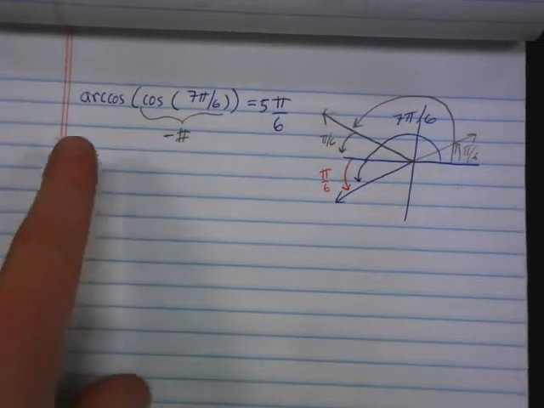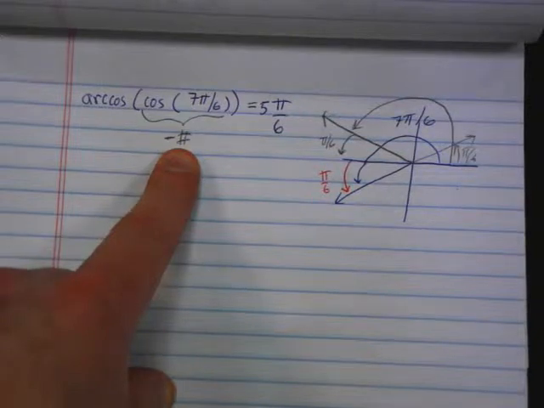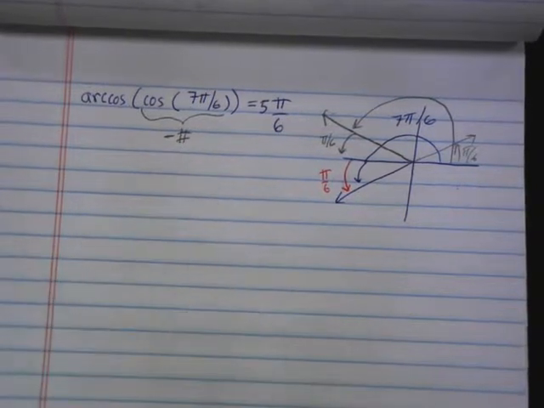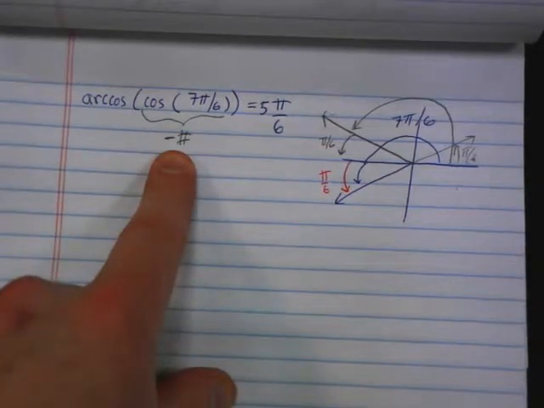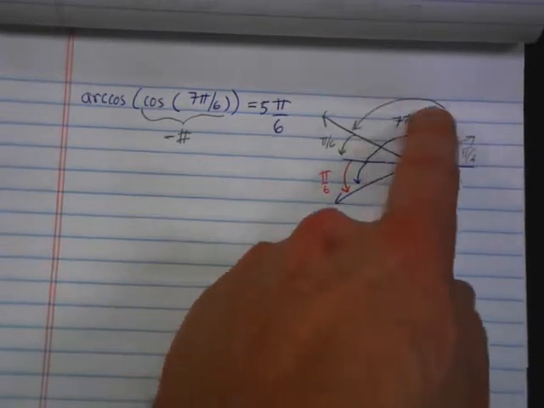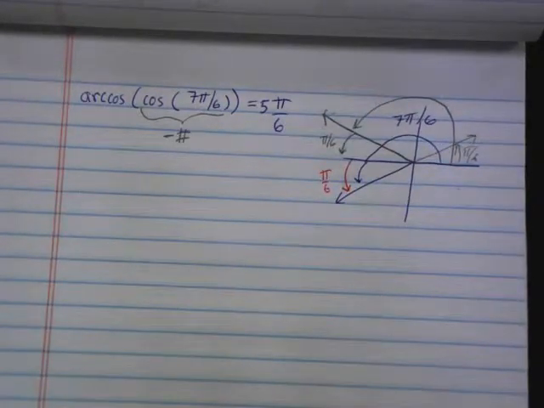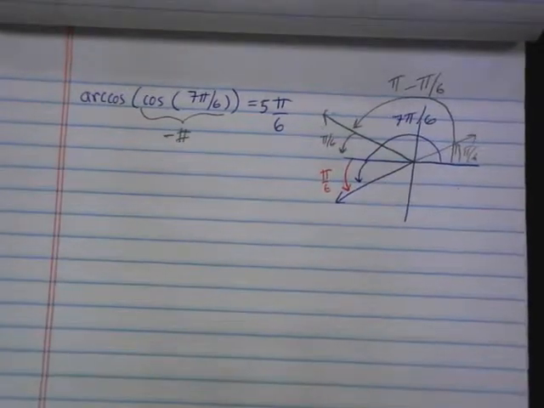When I'm dealing with arc cosine of a negative number, my answer has to be in quadrant number 2. Cosine is negative in quadrants 2 and 3, and since I'm dealing with a negative, I have to live in quadrant 2, because arc cosine only uses angles between 0 and pi. It uses quadrant 1 and quadrant 2. So it had to be pi minus pi over 6, which turns out to be 5 pi over 6.